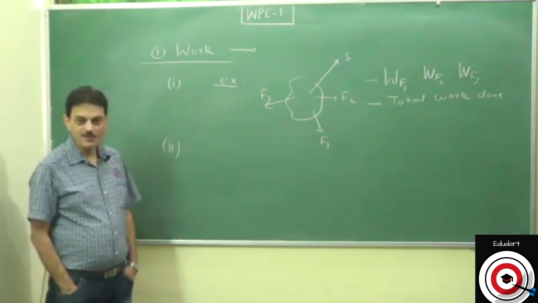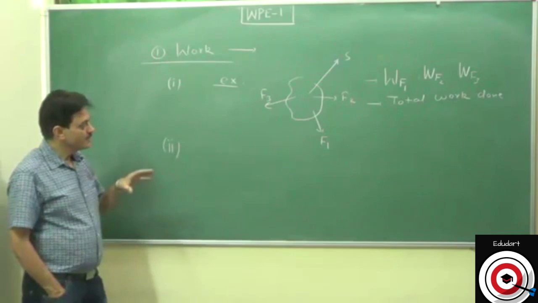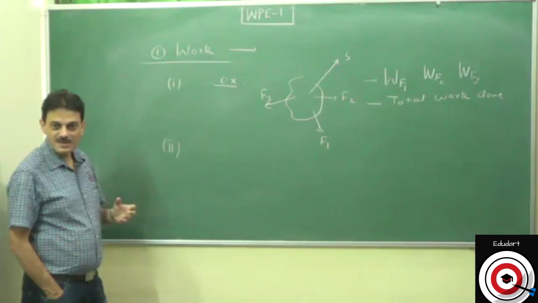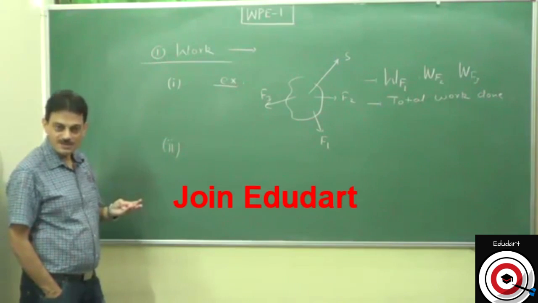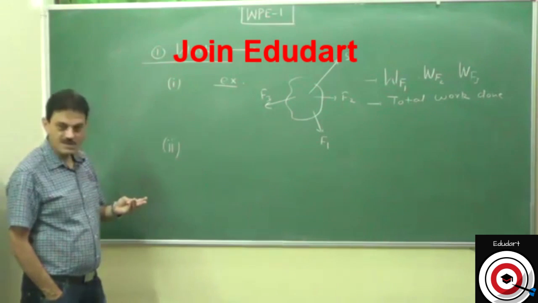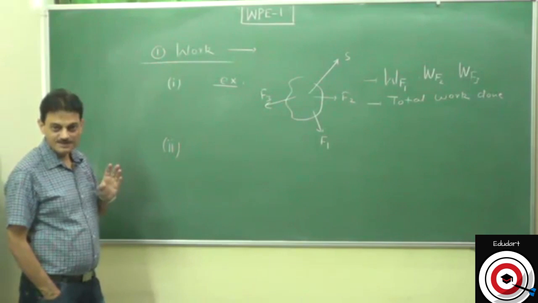Depending on the nature of force, we can classify the work done. There are basically three methods of finding work done. One is work done by a constant force, second is work done by a variable force, and third is work done by area under force and displacement graph.